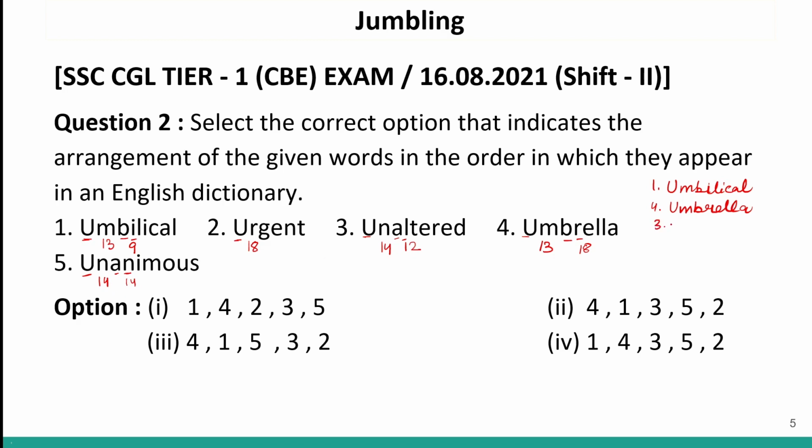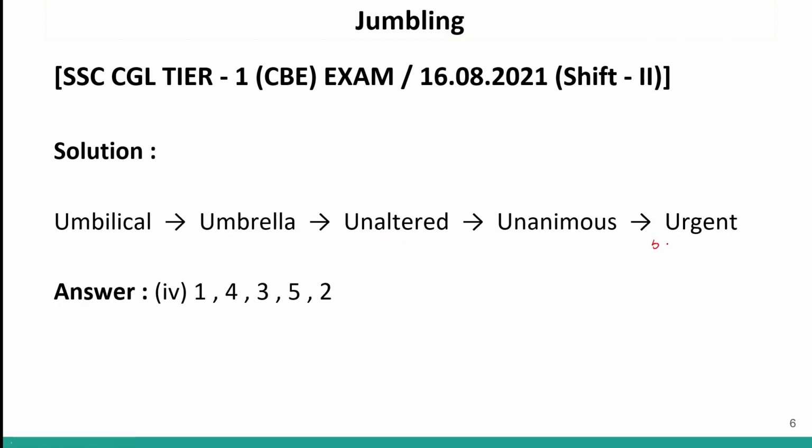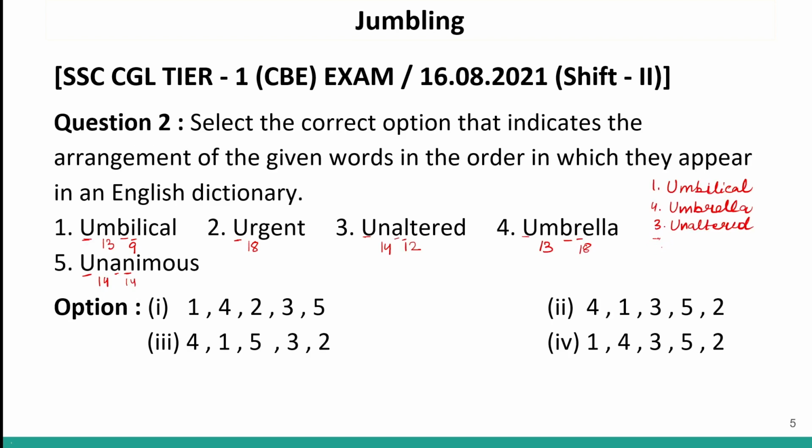So the next word will be unaltered, and then we'll have unanimous. Correct? And the last word will be this one, which is urgent. So our correct answer will be 14352. 14352 is given in option number 4. So option number 4 will be your correct answer.